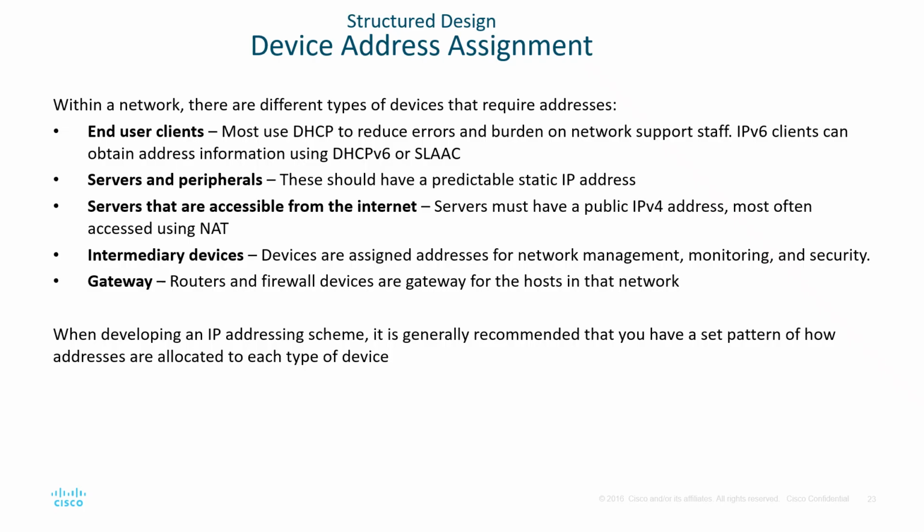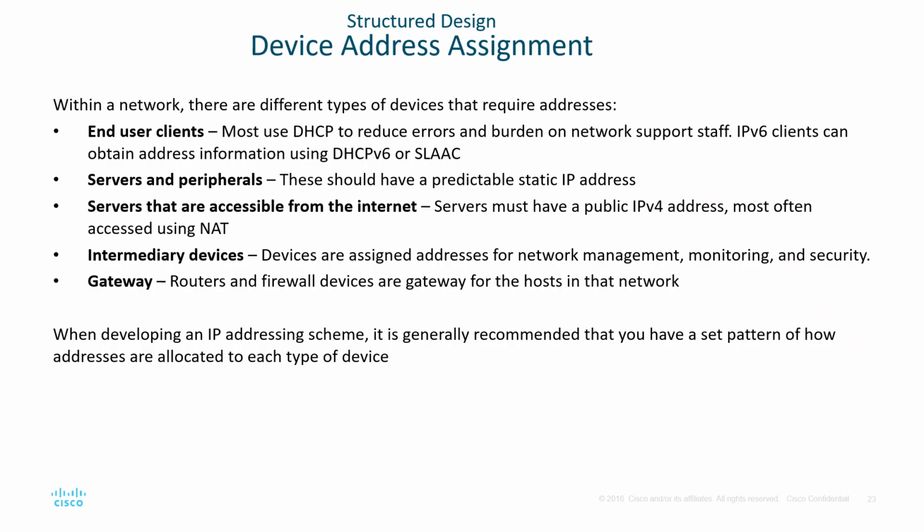Your intermediary devices are devices which are assigned addresses for network management, monitoring, and security. Your gateway: your routers and firewall devices are gateways for your hosts in that network. That address cannot be changing.